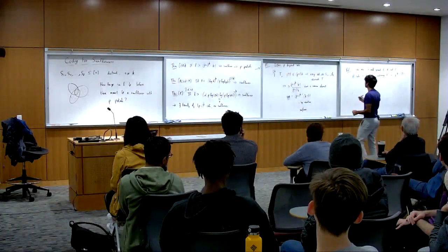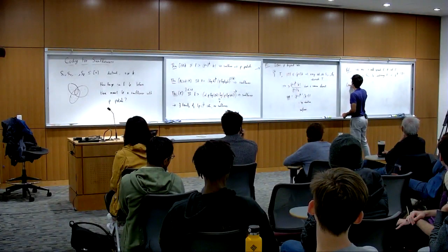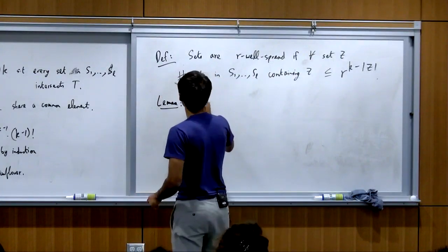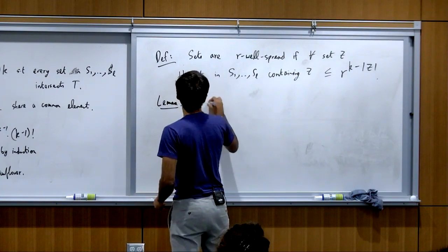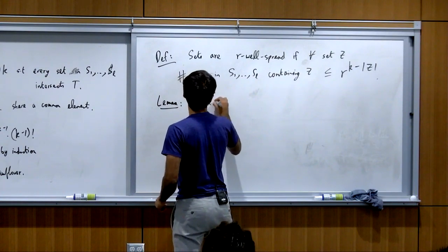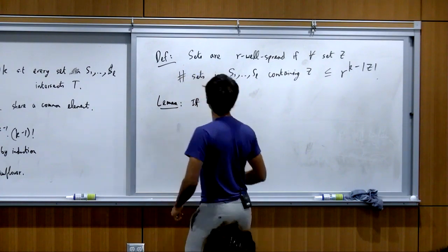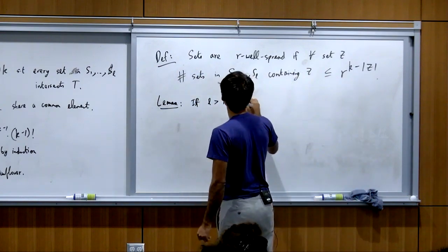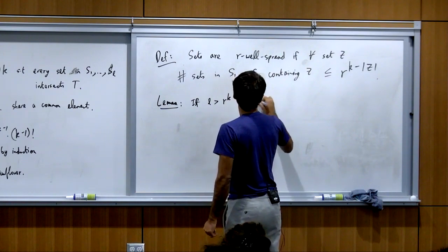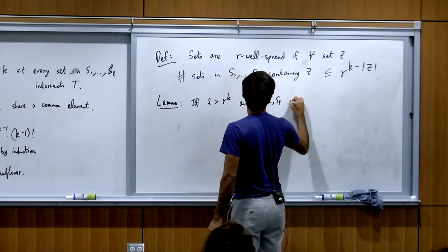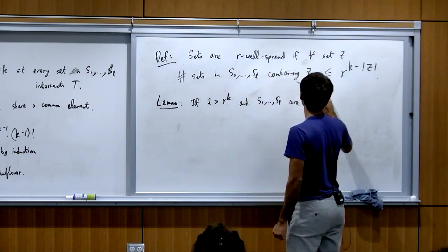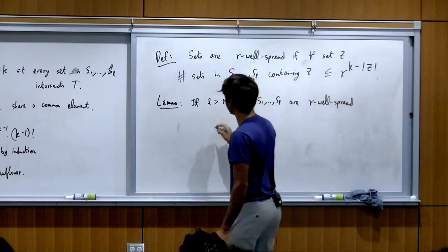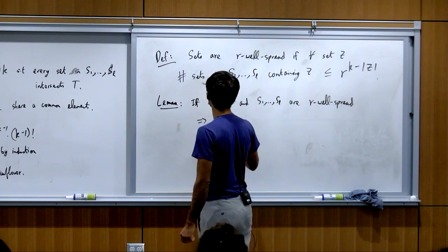And here's a lemma that we'll prove. This is the main technical lemma. If L is bigger than R to the k, that's the assumption, and the sets are R-well-spread, then they must contain p disjoint sets.